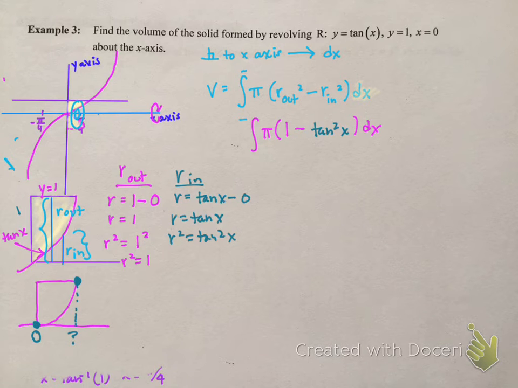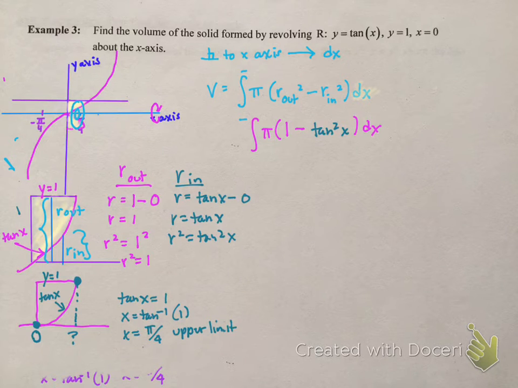What I'm going to do is set the two functions equal. Remember that this is y equals 1 and this is tangent x. So if I set tangent x equal to 1, then I have to just solve. So x equals the inverse tangent of 1, x equals pi over 4. Okay, so this is going to be my upper limit.